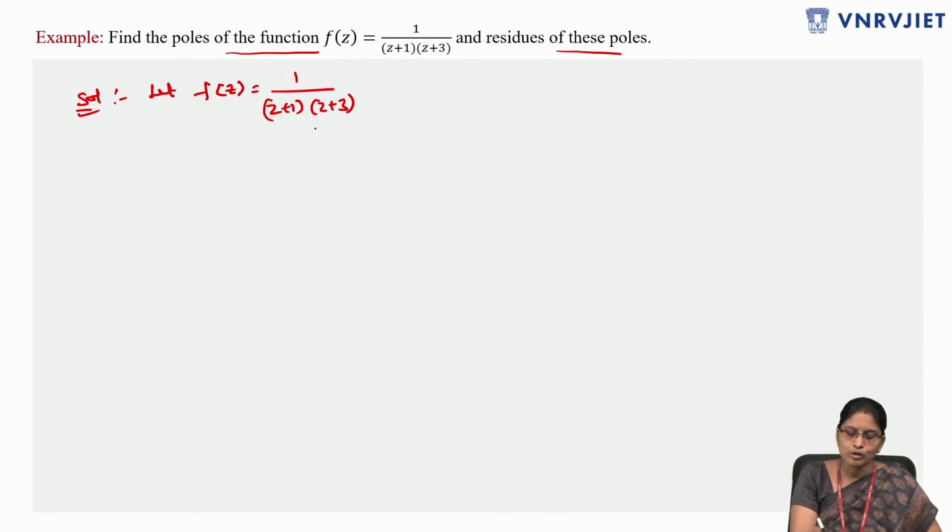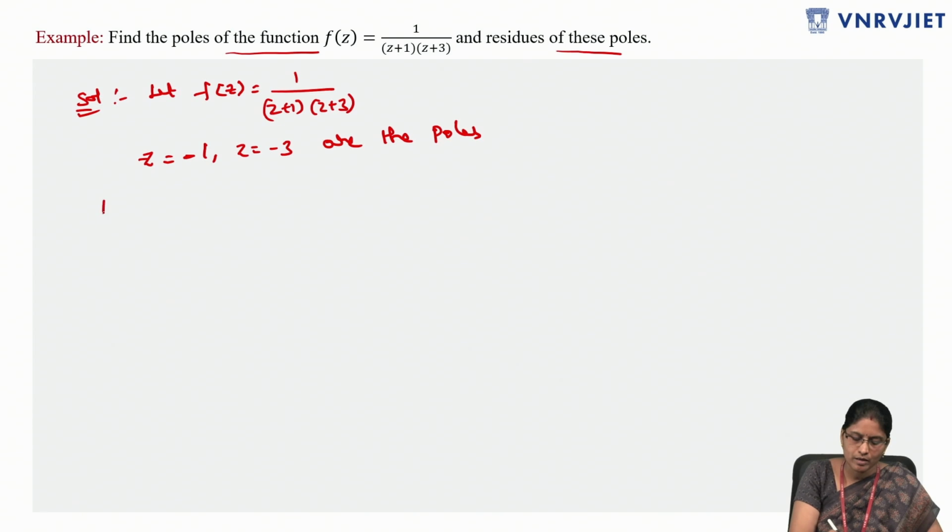We can find out the poles by equating denominator to 0. Then we get z is equal to minus 1 and z is equal to minus 3 are the poles. Z is equal to minus 1 and z is equal to minus 3 are the simple poles here. Next, we have to find out the residue at z is equal to minus 1.